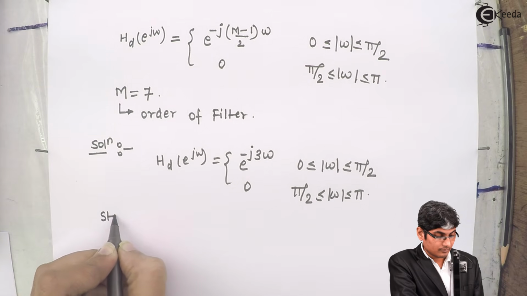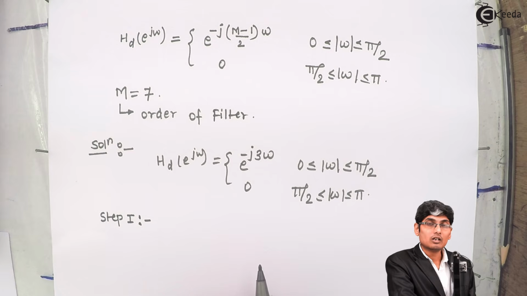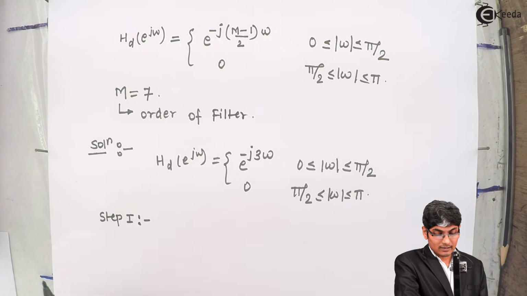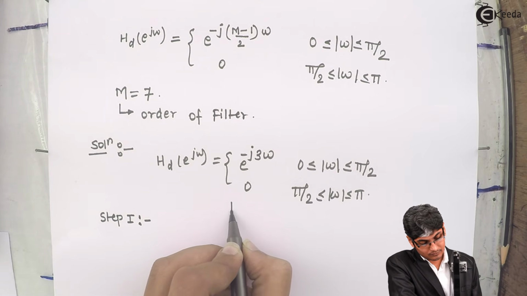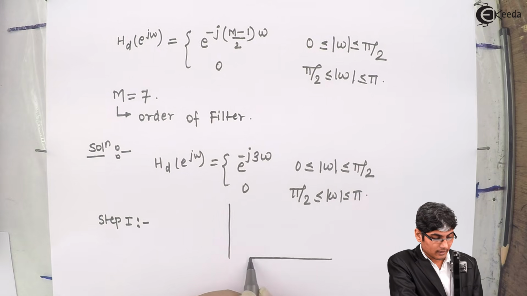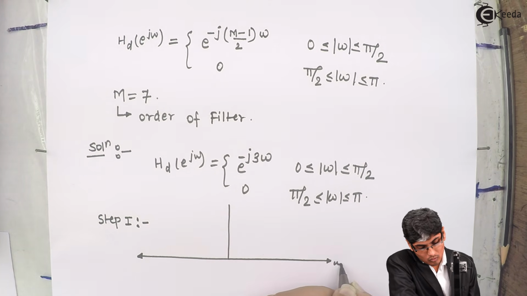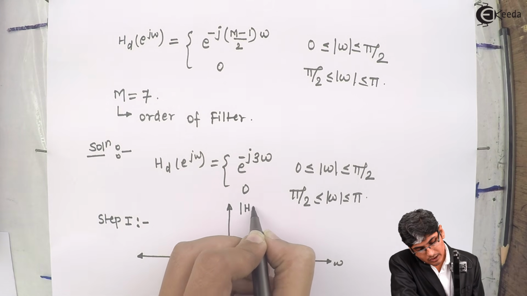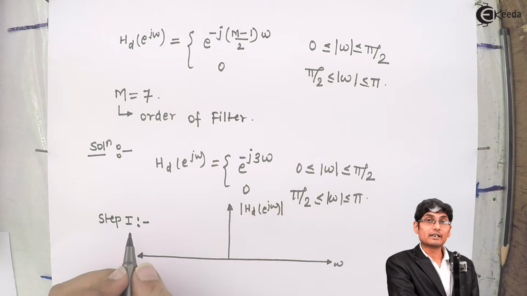Next step, which is step 1 for us, is to sample the frequency. So how to do the sampling? For understanding the sampling, we need to draw the characteristics first. So let us draw the characteristics. On my x-axis, I will keep omega, and on the y-axis, I will keep mod of Hd of e raised to j omega, that is the magnitude.